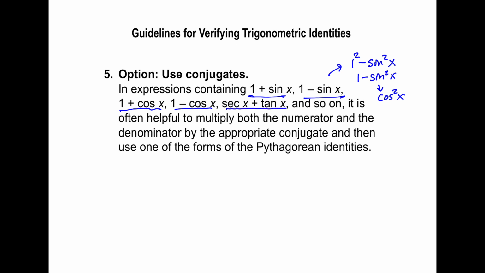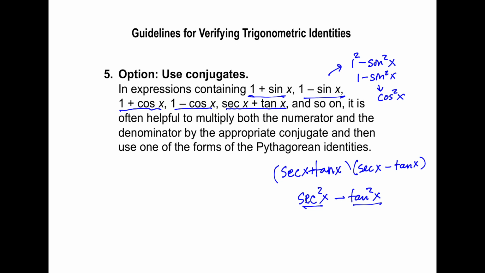If we think of secant and tangent, secant plus tangent, when we multiply it by its conjugate, we get secant squared x minus tangent squared x. And secant can be written in terms of tangent, and tangent can be rewritten in terms of secant.